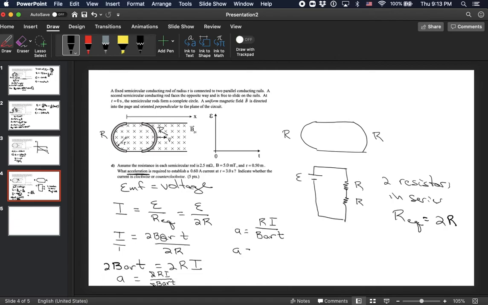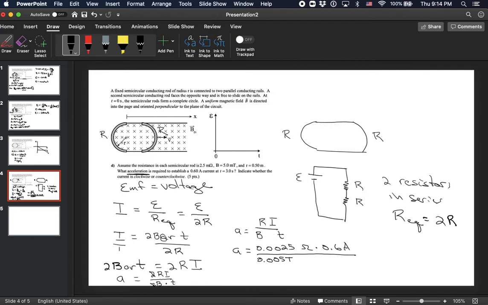So a is equal to, the resistance is 0.0025 ohms. The current is 0.6 amps. B is 0.005 Tesla. Oh, I forgot. I should not have a here, right? Let me just go back, and I can erase it here too.